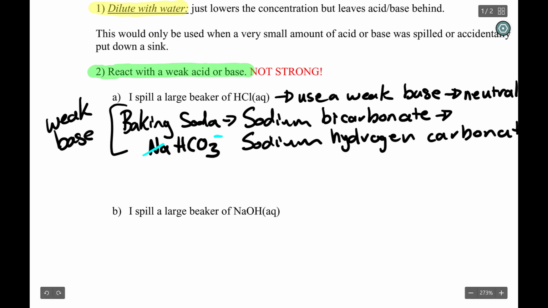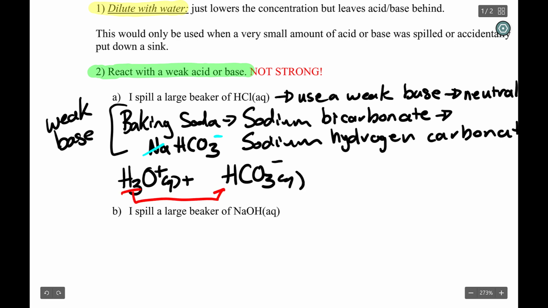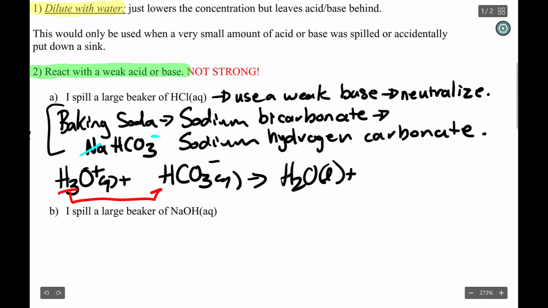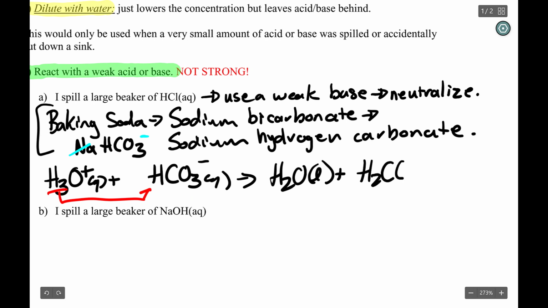And so essentially, as a net reaction, the strong acid in the hydrochloric acid, because H3O+ is a strong acid, would react with the HCO3-. It would donate its hydrogen there. This would then become water, which is neutral, plus carbonic acid, H2CO3, which is a weak acid.